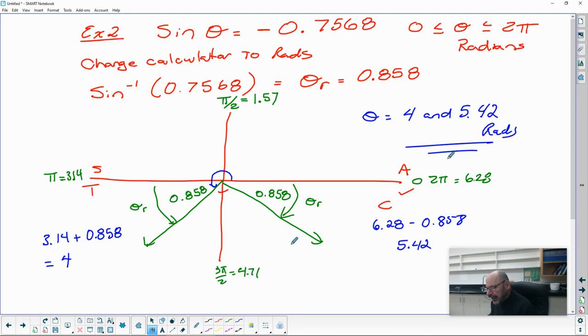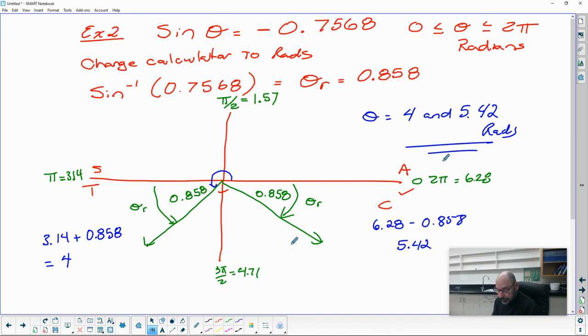Okay, let's double check. Take your calculator, go sine of, make sure it's in radians, sine of 4. I get negative 0.7568. Right on, perfect.